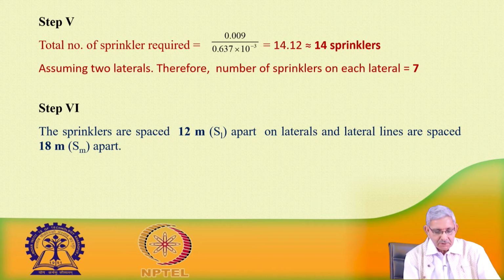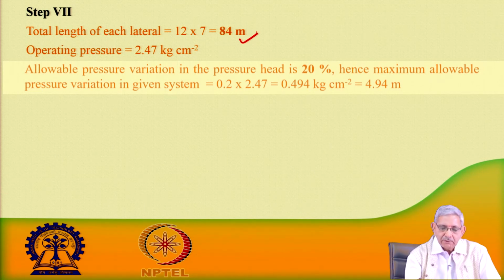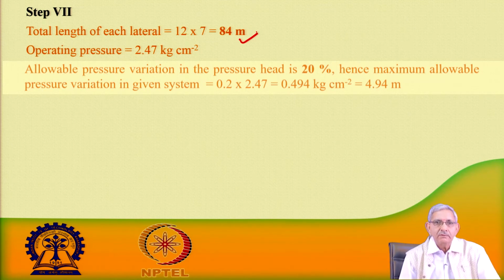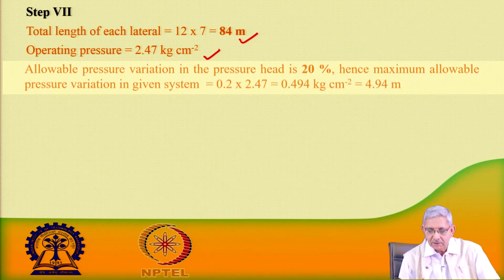So, they are spaced 12 meter along the lateral, and the 2 lateral lines are 18 meter apart. There are 7 sprinklers with a spacing of 12 meter each, so the length of pipeline is 12 into 7, which is 84 meter. To operate the sprinkler system, it requires a pressure of 2.4 kg per square centimeter.